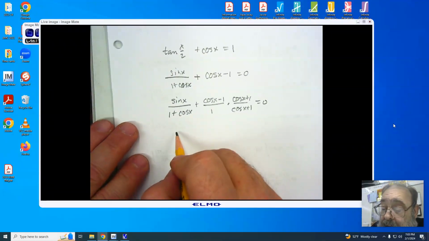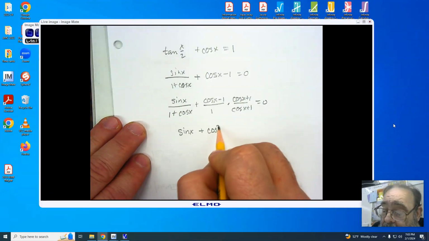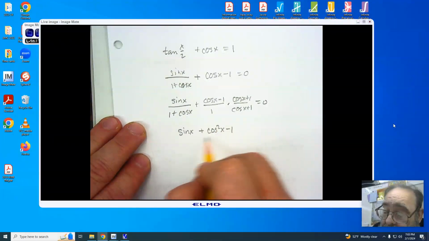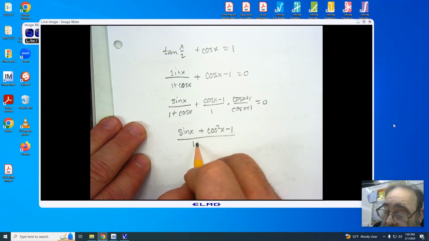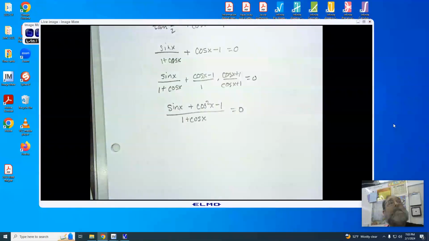Now this gave me the sine of x plus the cosine squared x minus 1, all over 1 plus the cosine of x, equaling 0.